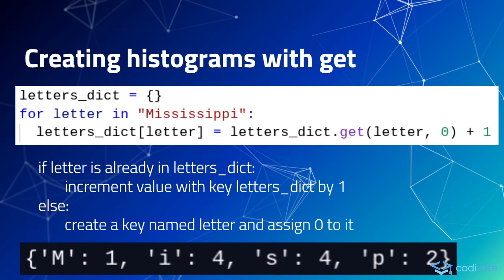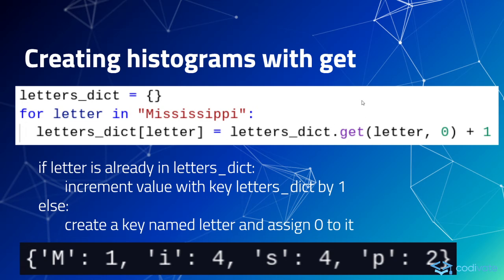First time we go around, it'll be M. And to that we are assigning its current value, letters_dict.get(letter), its current value if it already exists. Otherwise, we make a new one. If it doesn't exist, we assign it 0. That's because so far, if it doesn't exist, there's 0 occurrences.